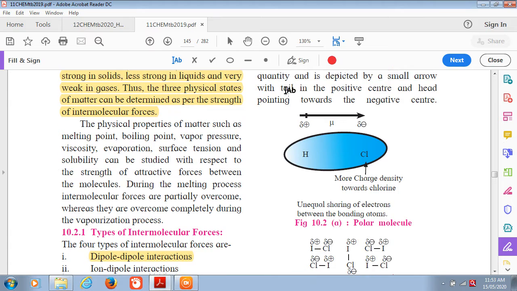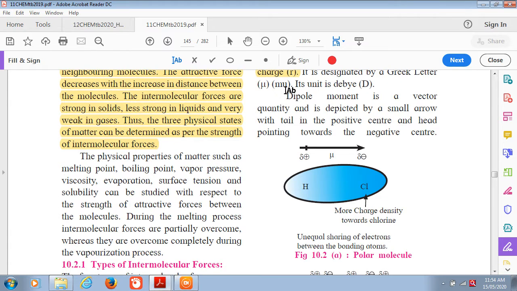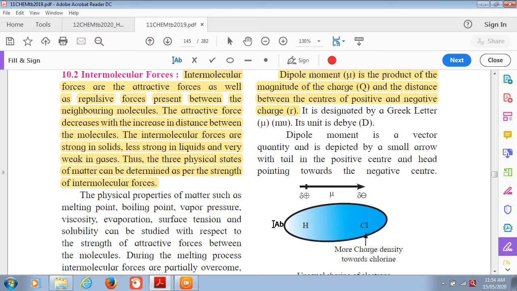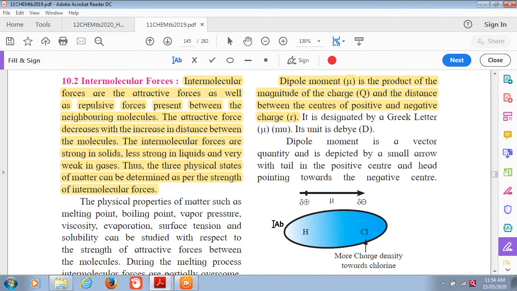So if you observe here, in case of the HCl molecule, hydrogen is less electronegative than chlorine. And what is electronegativity? It is the tendency of an atom to attract the bonding pair towards itself. So more is the sharing of bonding pair, more is the electronegativity.